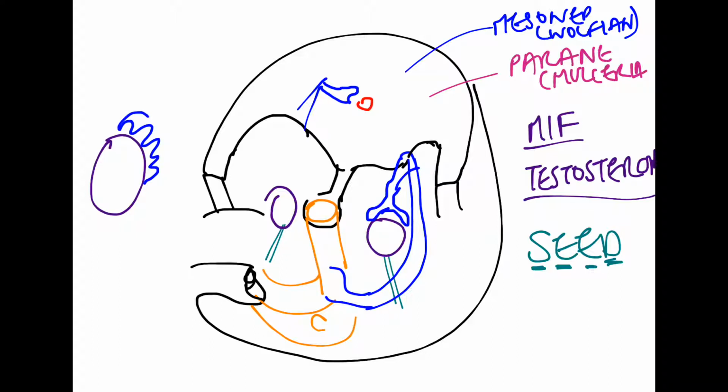Right here we have our epididymis forming the vas deferens. Okay, so we have some appendages of the testes. So this is the appendix. This is the appendix of the epididymis, and this was formed due to remnants of the paramesonephros.